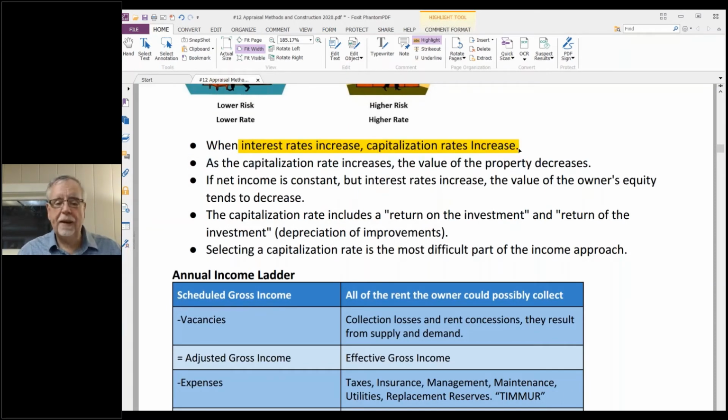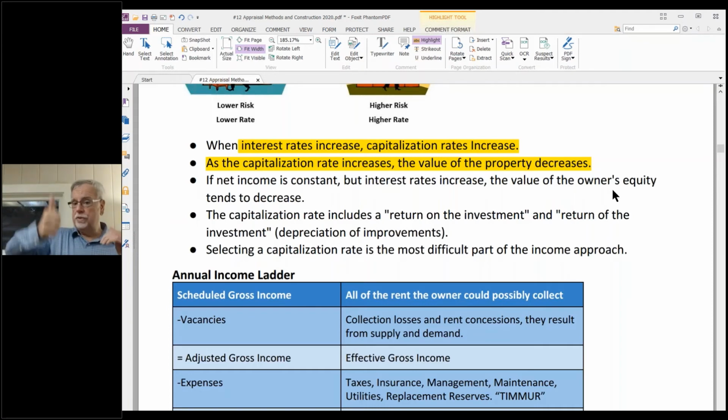Why? Because they pay attention to lenders. Remember band of investment? They're asking, what would a bank get? What would Chase get? What would an investor get? As the capitalization rate increases, the value of the property decreases, assuming that income remains the same.